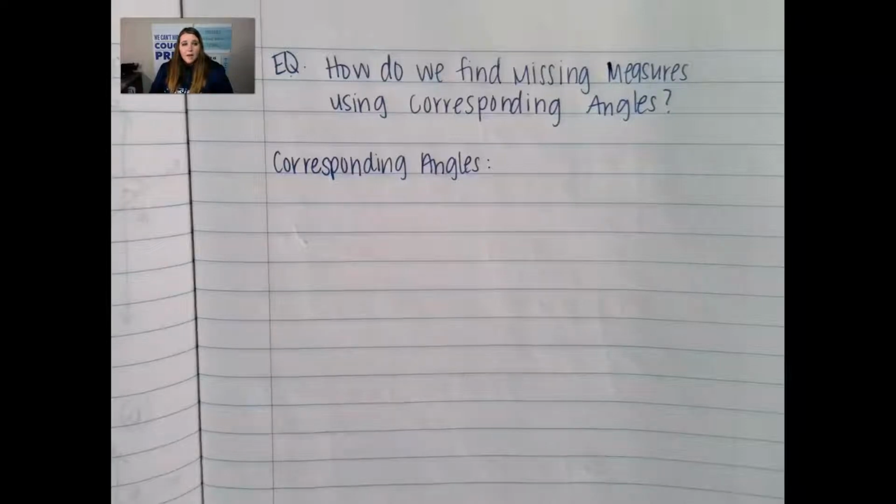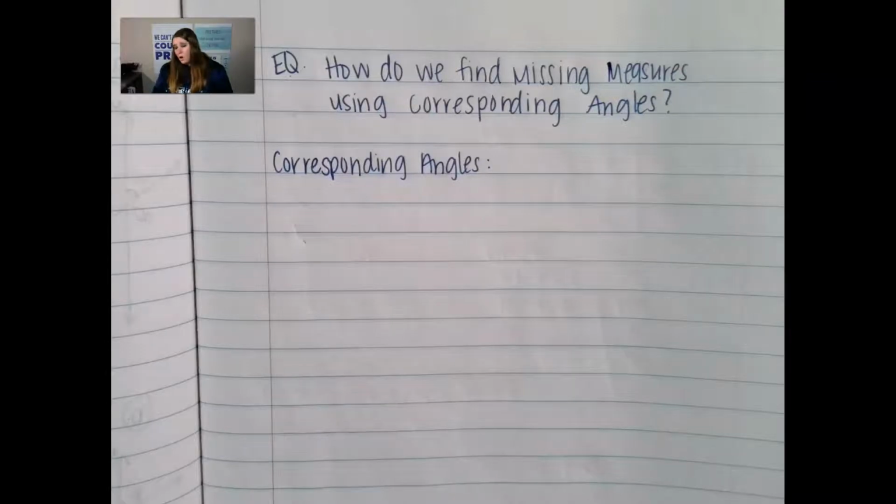And what happens is these angles are formed and they create congruent angles from the transversal. The corresponding angles that are on the same side, in the same position, become congruent or equal.